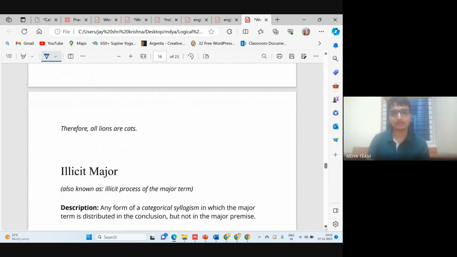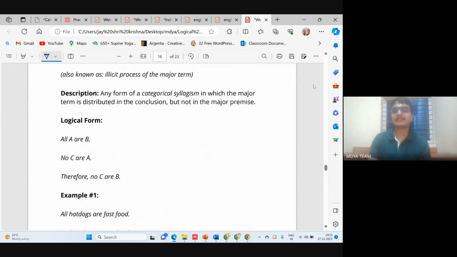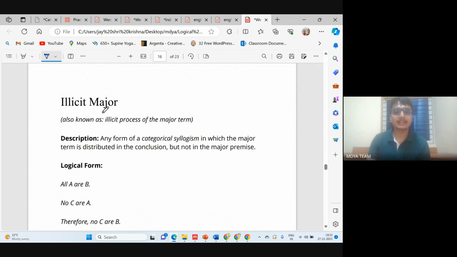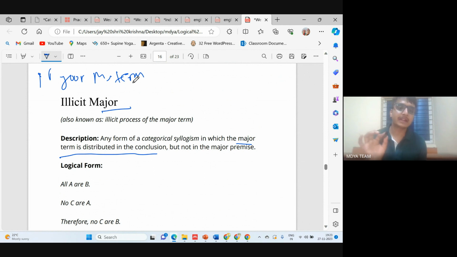Okay. Now, illicit major. What is this illicit major? Illicit major means the major term is distributed in the conclusion. The rule applies to both the major and minor term. Let's first talk about the major term.